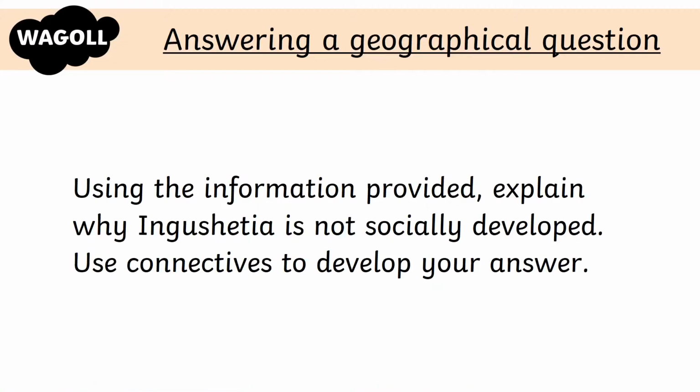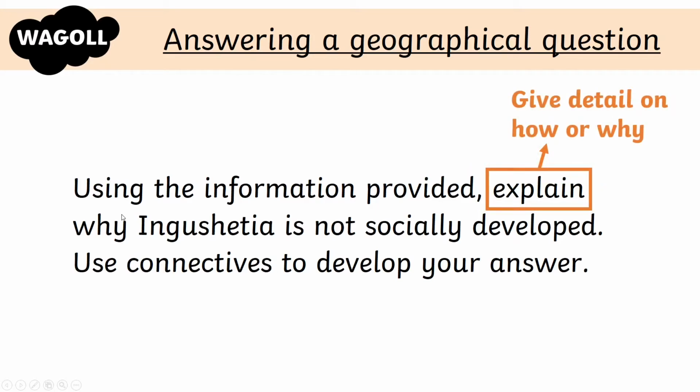So if we go through, the first word we can have a look at is the word explain. And we already know explain gives detail on how or why something is. We've got Ingushetia as our example, and we can then look at what the term socially developed is. So there are three types of development. We have to be very careful on which one we are discussing.